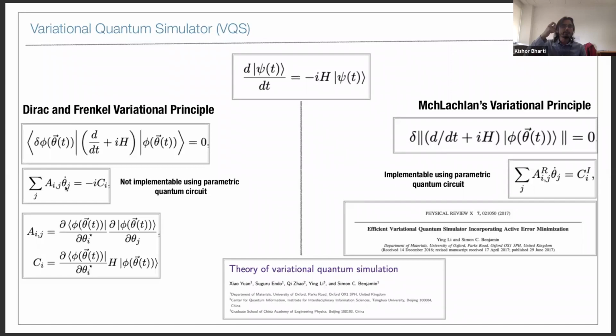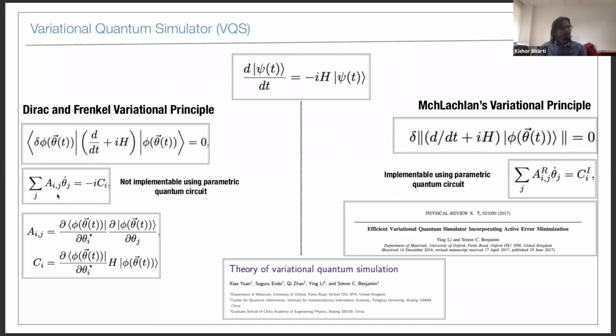Once you have the new theta parameter, you can feed it again to the quantum computer, and the quantum computer gives you the A and C matrices, and then you feed them to the classical device, and it changes the theta. So you keep changing the theta such that it mimics the evolution.